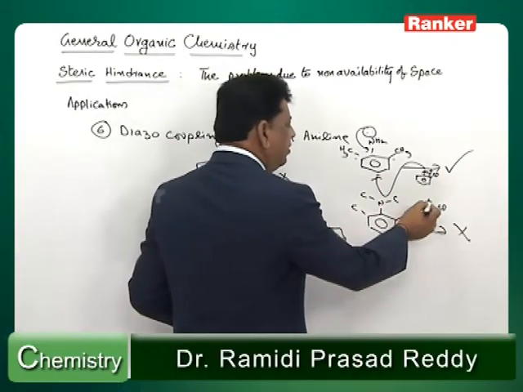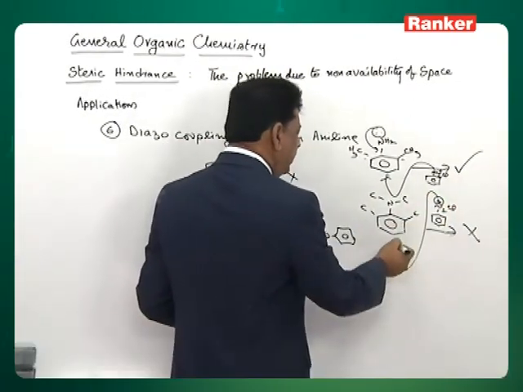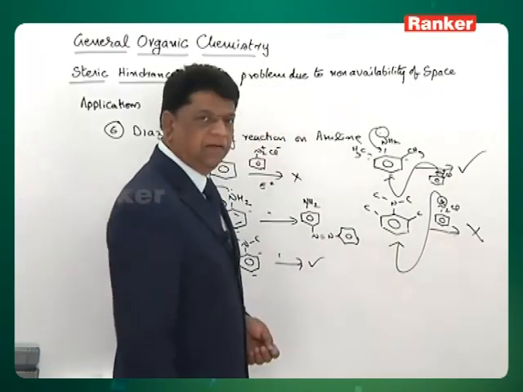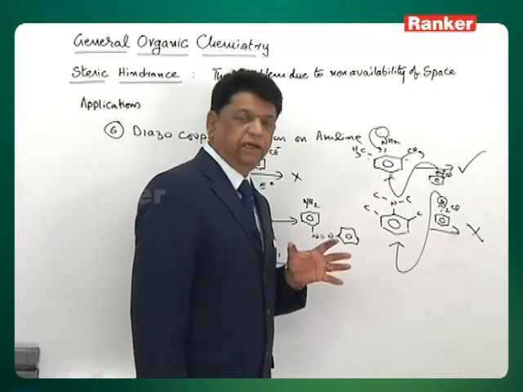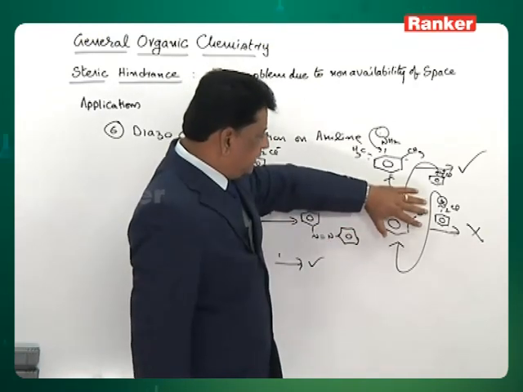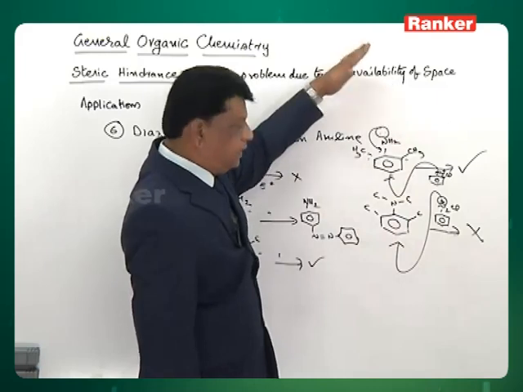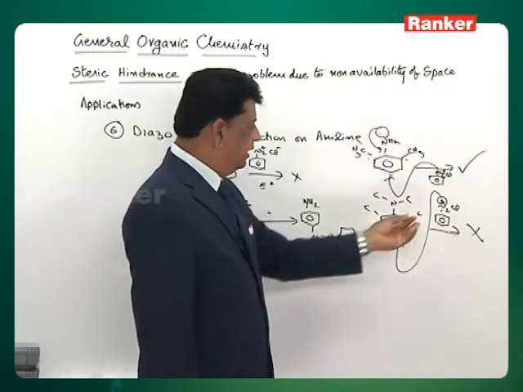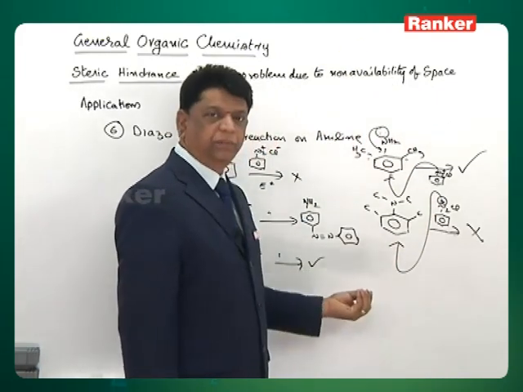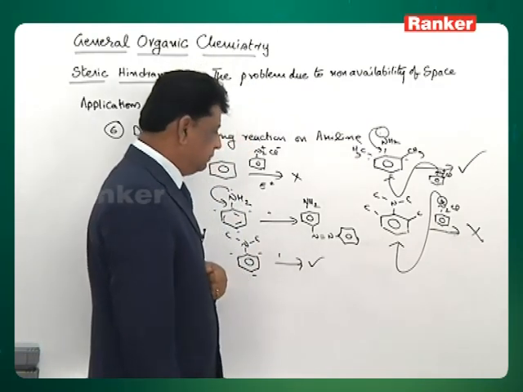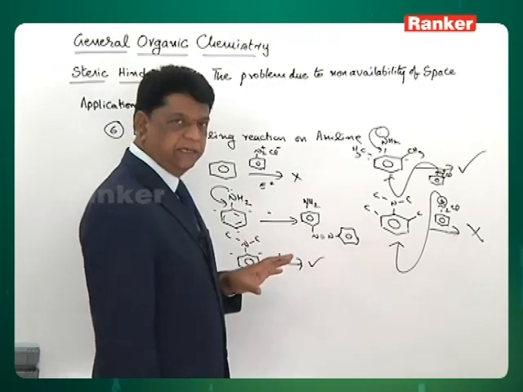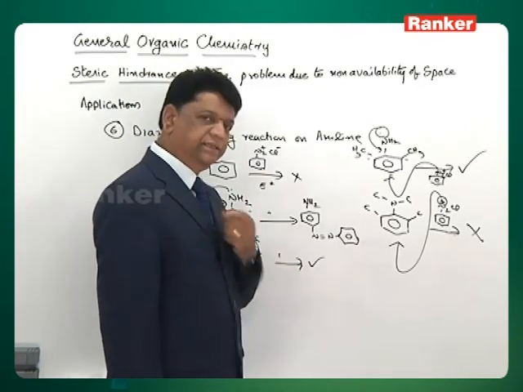If somebody says the para attack has steric hindrance from these four groups, it's not actually correct, because the four groups creating steric hindrance are on the top side, and the attacking group is at the para position. Where is the steric hindrance? That's not a correct explanation. But as a one-word answer, it is due to steric hindrance is the right answer.